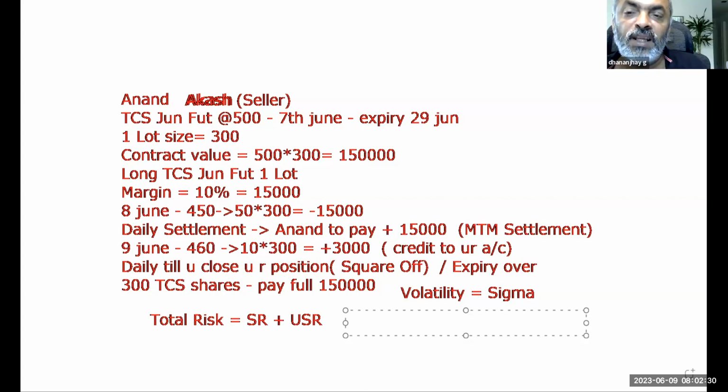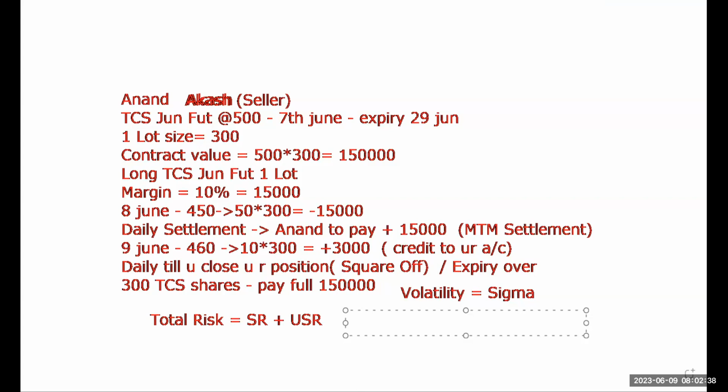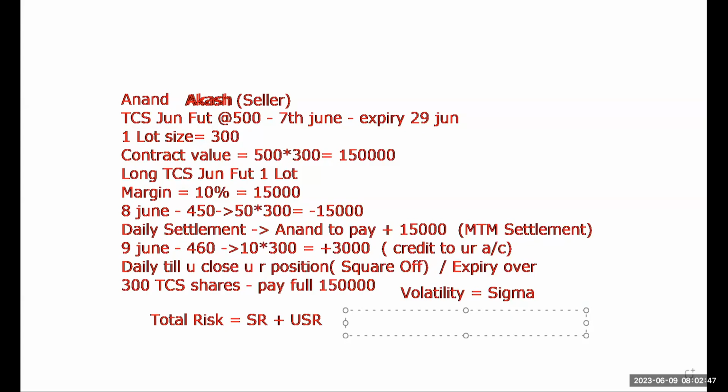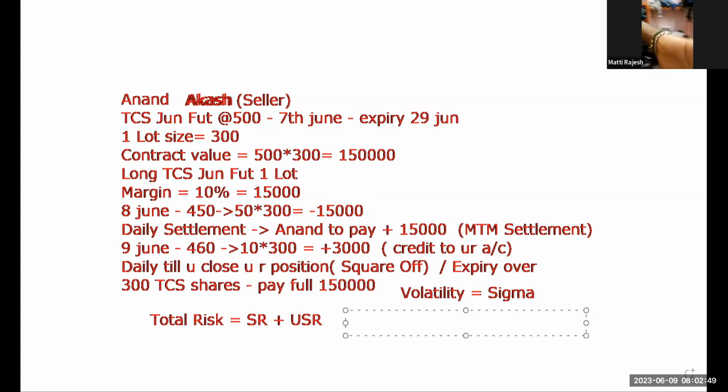Exchange is only an intermediary. It will collect only taxes and this thing. Exchange is a marketplace. Suppose it is a marketplace or platform.